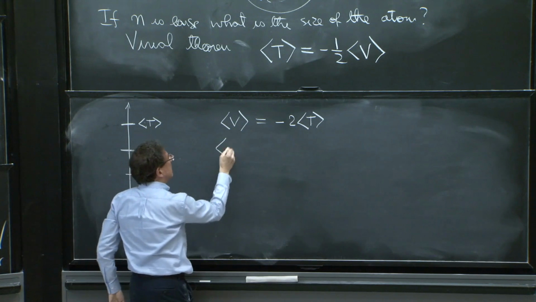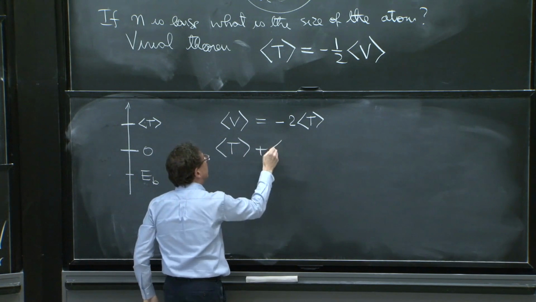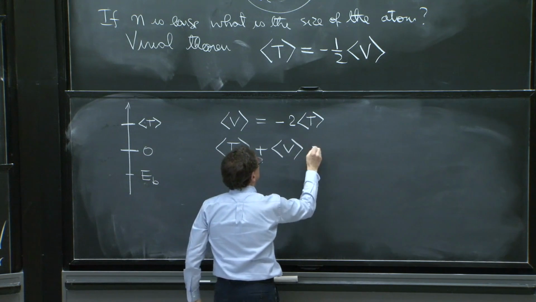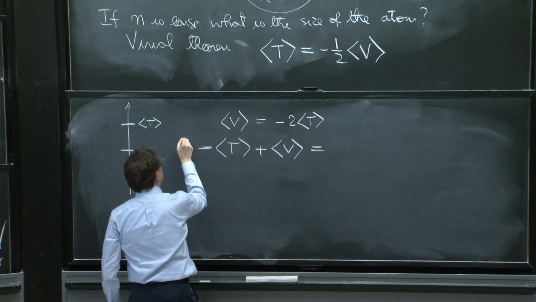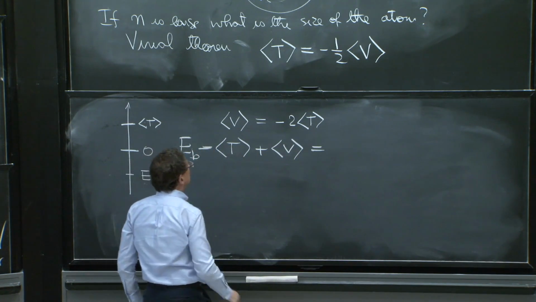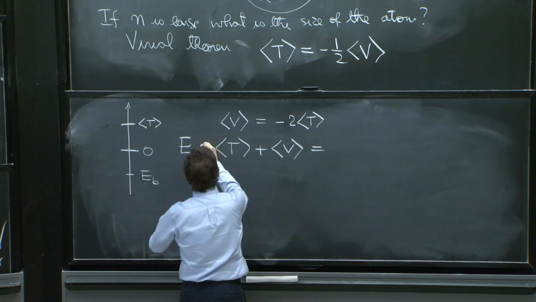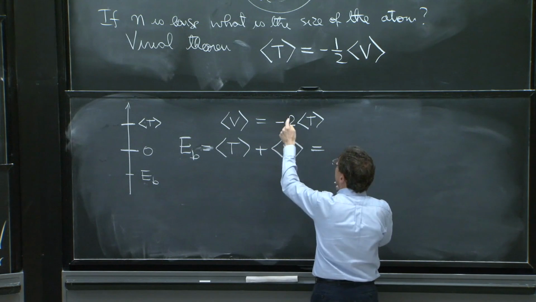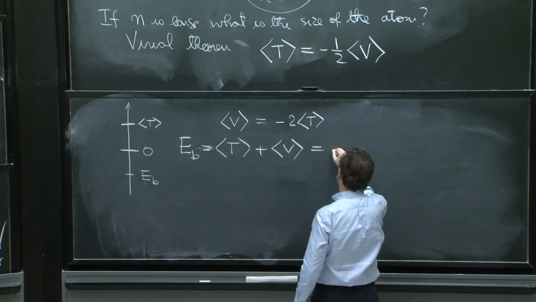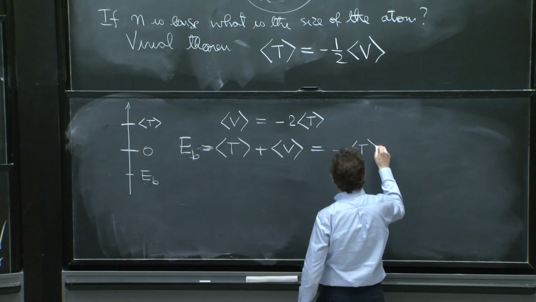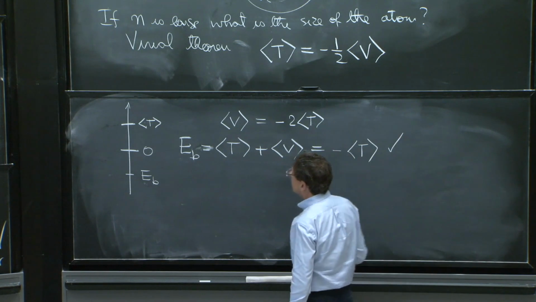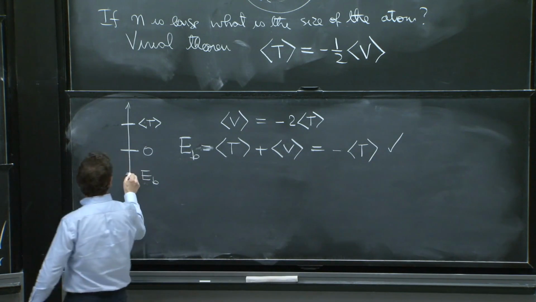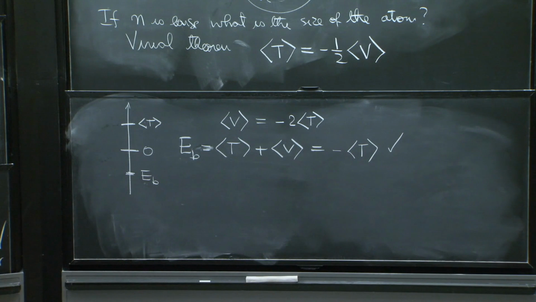So t plus V is equal to the total energy, E of the bound state. For any stationary state, this is true. And this thing, given this condition, is minus t. So that's the way we think of it.